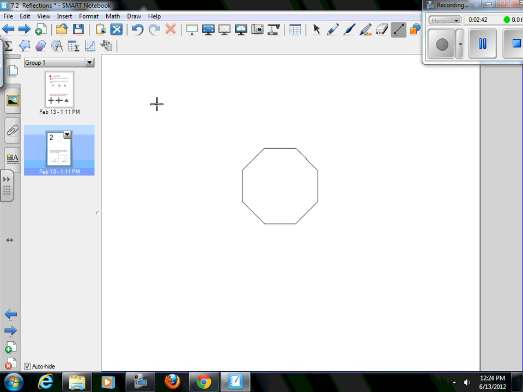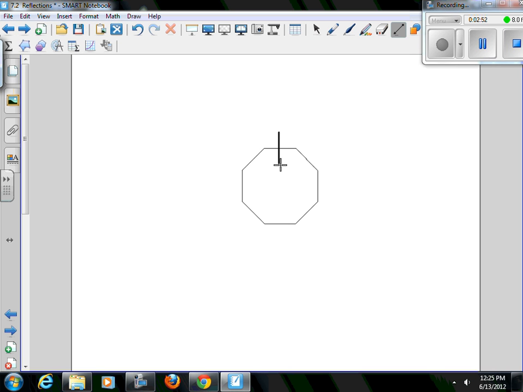Let's go on to the next page. Now here we're given this figure, and we could have a line of symmetry going right down the middle of it, and one going across the middle. And let's see, do you think we could have it going through our vertices? Well, let's just try one and see if it works.